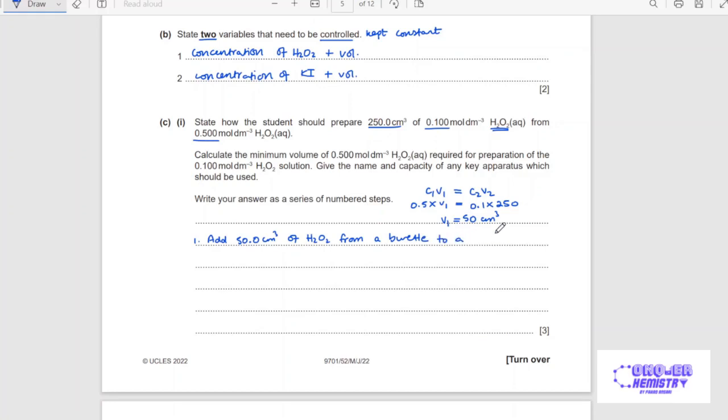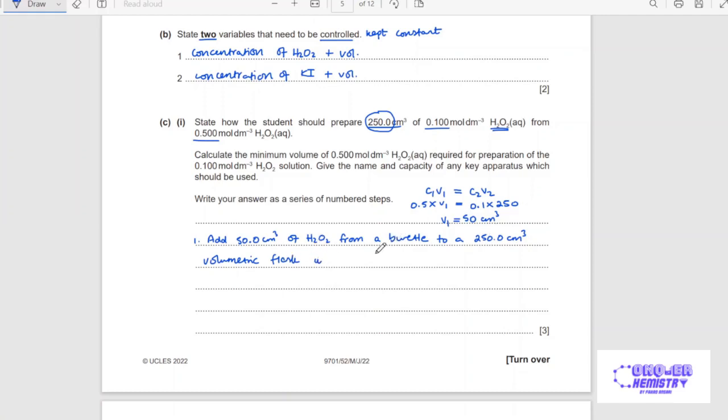Whenever we want to make a solution, we will always use a volumetric flask in order to do the dilution, and because we need 250.0 cubic centimeters, that's going to be the capacity of our volumetric flask. That's what we'll do first.